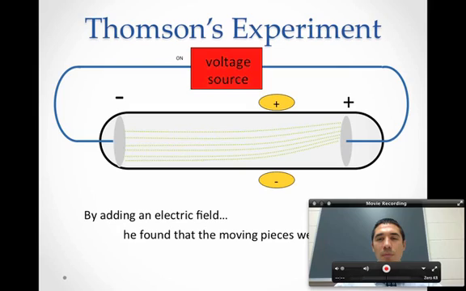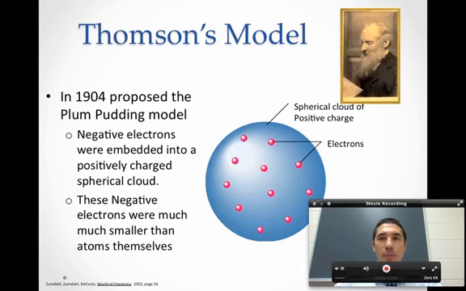And it turned out it was much, much smaller than what we had known at that point to be the size of an atom. And so what he proposed for his model, and this took him a couple of years to come up with, is that your atom is like a sphere of positive stuff.